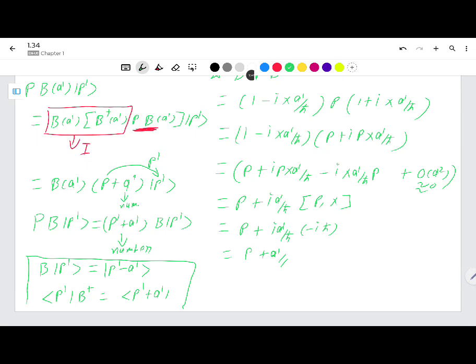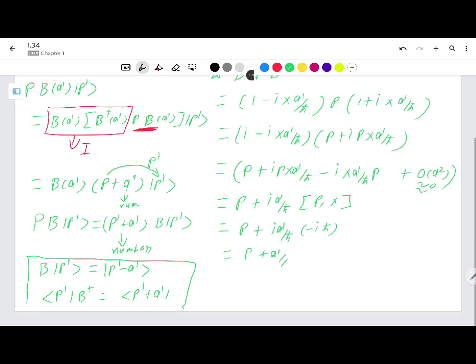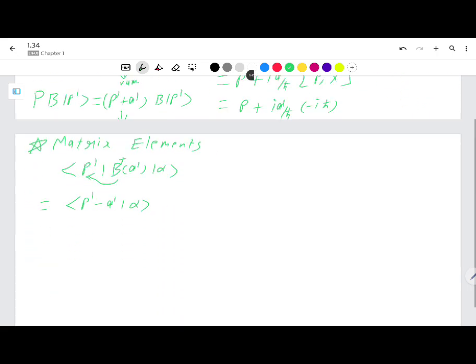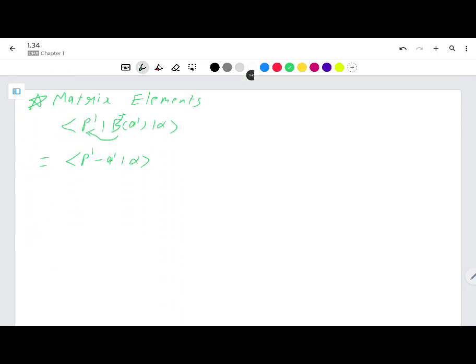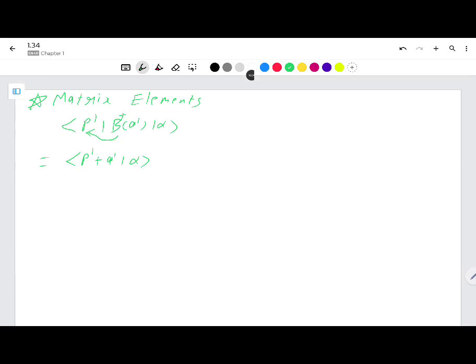Right, so B dagger is basically B inverse. And the appropriate operator would be here B dagger, and that would change here dagger minus A, because only the B dagger would operate here, as we have seen here. Okay, just a minute. B dagger would give us P prime plus A prime.